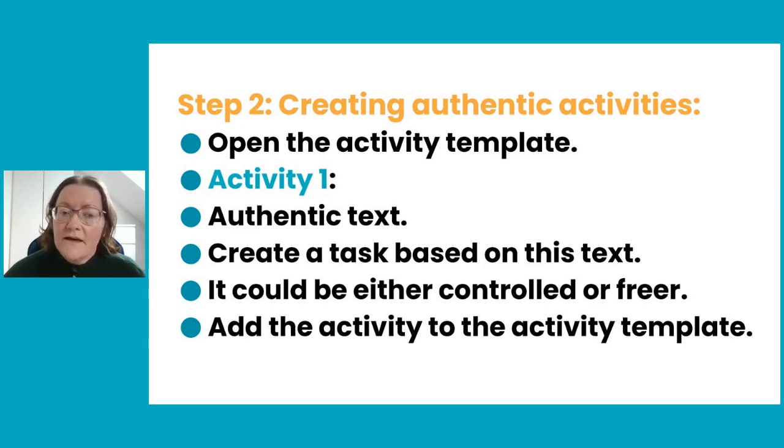So I believe that activity 1 is based on the topic of the environment. So you will need to find a nicely accessible, authentic text about the environment and make a task. You will need some form of material for this.